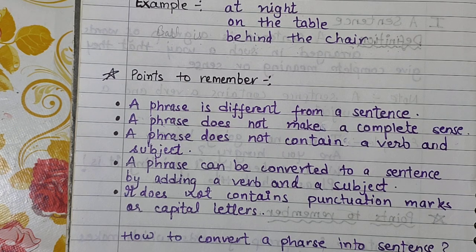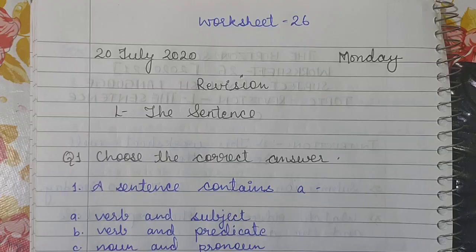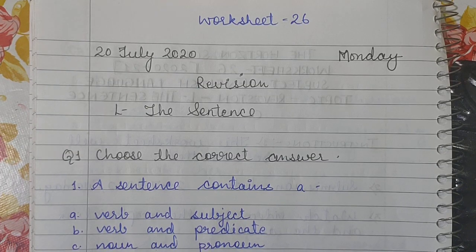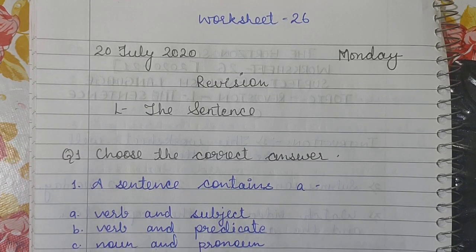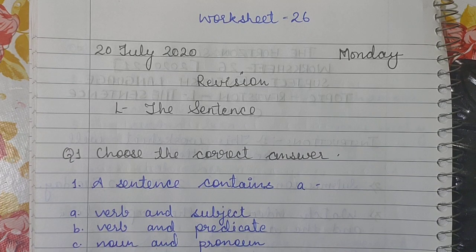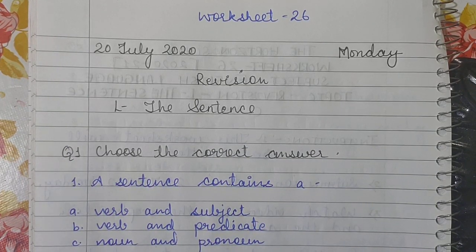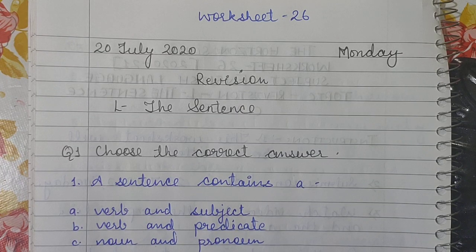Alright, now let's have a look in the worksheet which you have to do today. Now children, this is the worksheet which you have to do today, and this is a revision worksheet for your unit exams. Now you are going to have online classes and you have already practiced it in your class test, that how the questions will come.